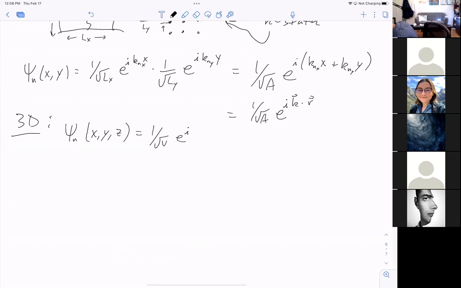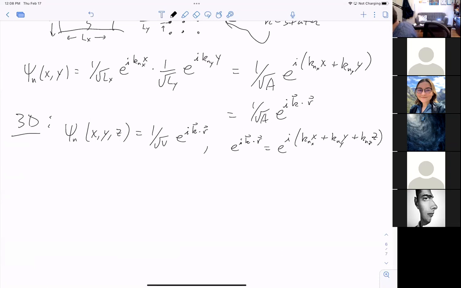well, let's just write them in the compact notation, k dot r, where e to the i k dot r is now understood to be e to the i (k_nx x plus k_ny y plus k_nz z).